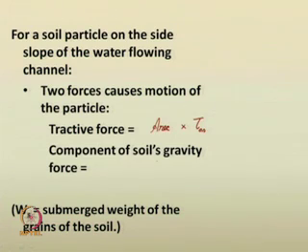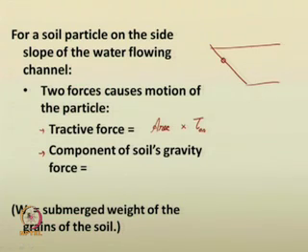The next one is the component of the soil's gravity force. If the material here has a certain diameter, a certain quantity, there will be a certain weight of this thing, the submerged weight. Usually it is the submerged weight, because it is submerged under water.